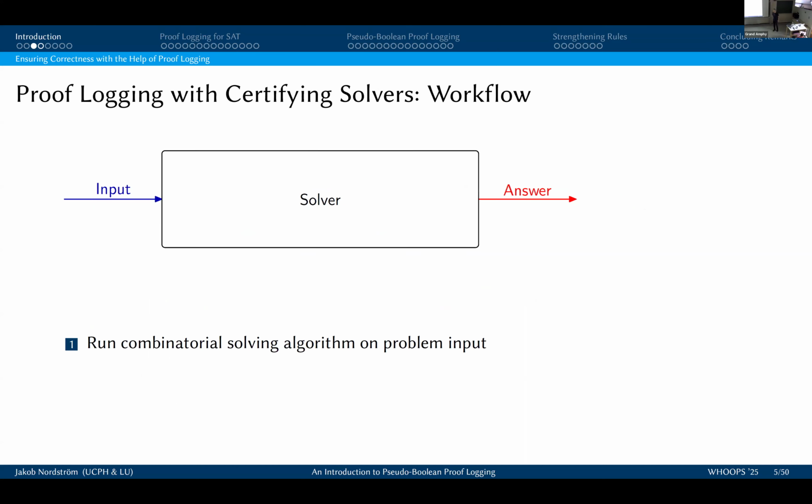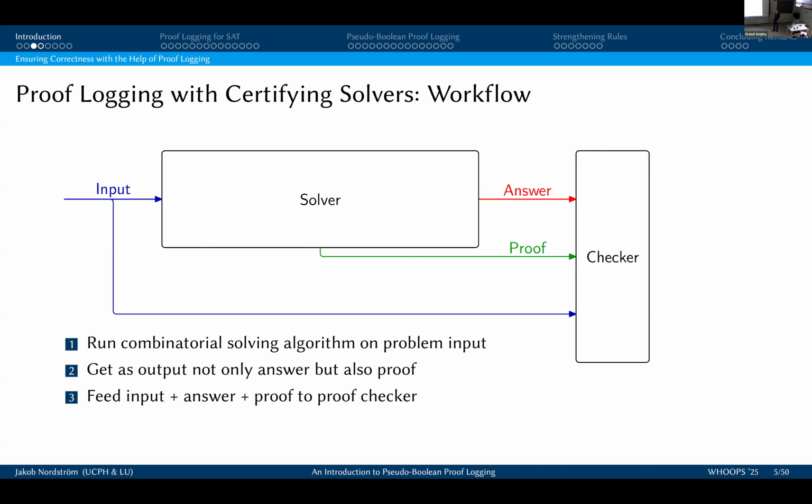Then the workflow is just as for any solver: you have an input and you get an answer, but a certifying solver also produces a machine-readable proof in a separate file, and then you have a simple standalone proof checker that can read the input, the proof, and the claimed answer, and can tell you whether you can trust the result or not.